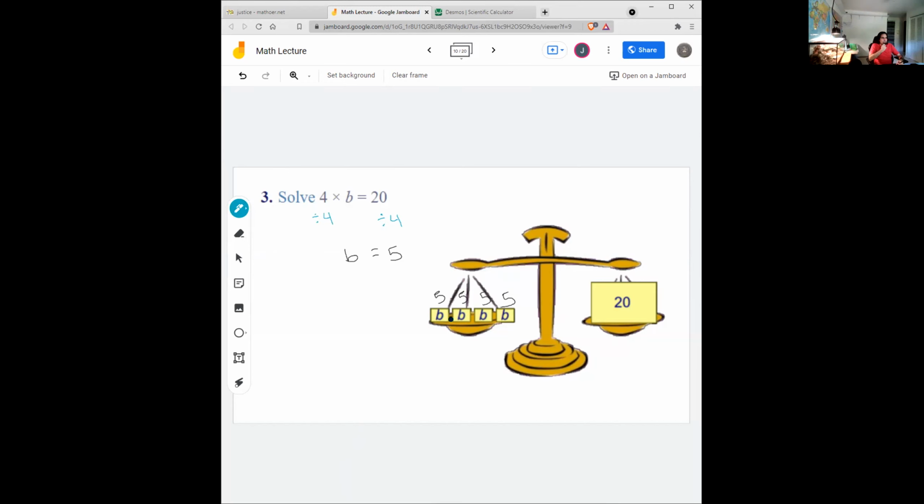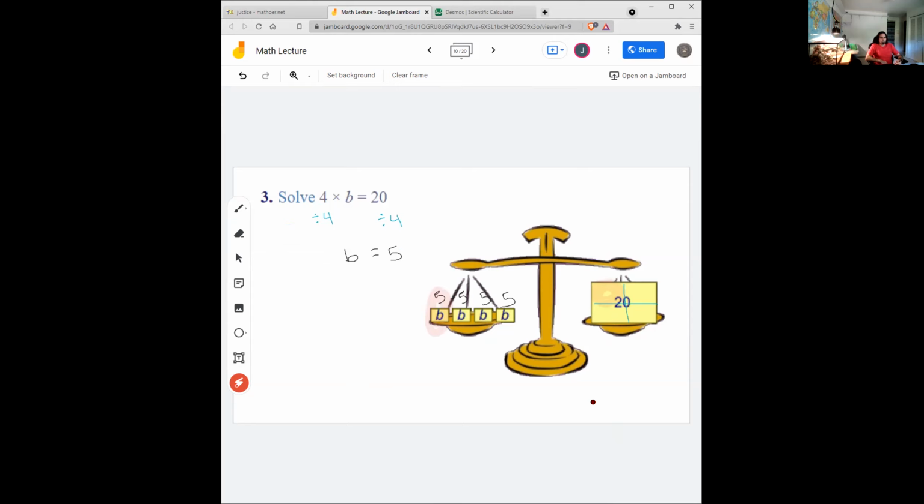There's 4 things on the left-hand side of the scale, yes. I also want there to be 4 things on the right-hand side of the scale. If I draw that, then what I'm saying is that 1b is going to be the same as 1/4 of 20. Okay, everyone see the divided by 4 on both sides now?